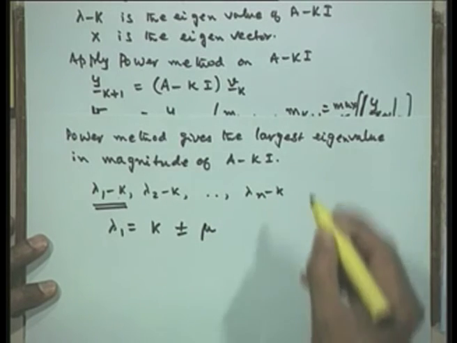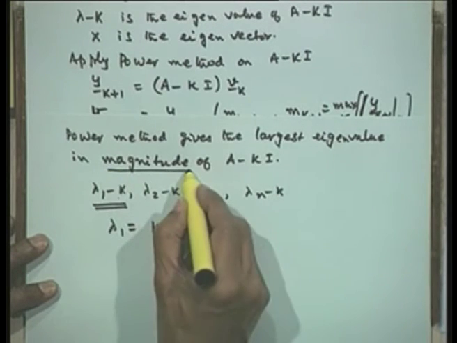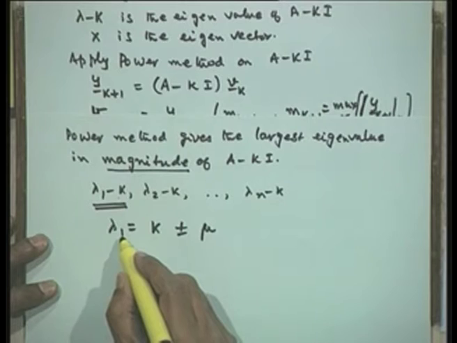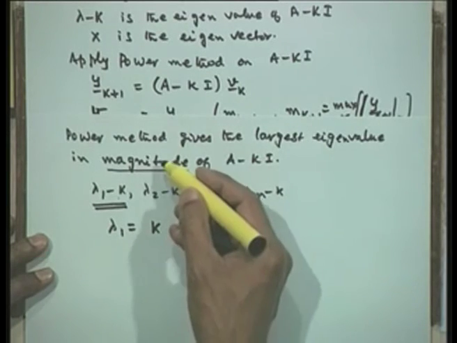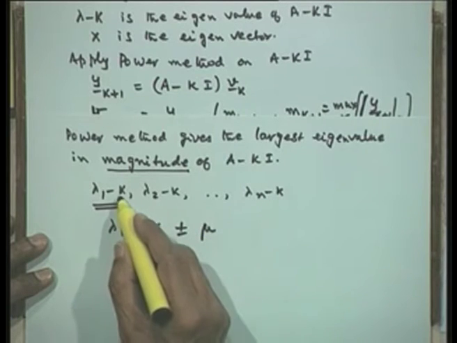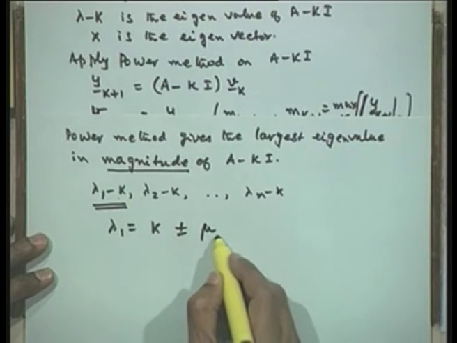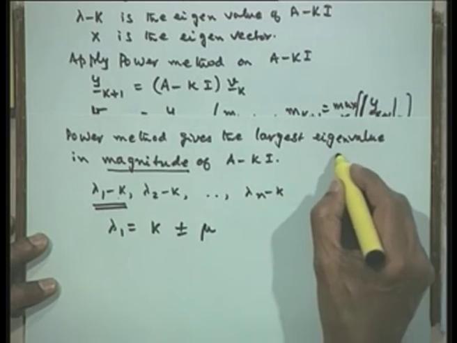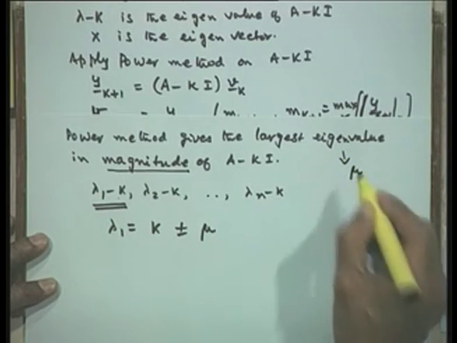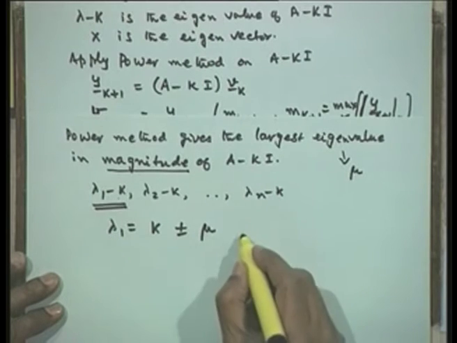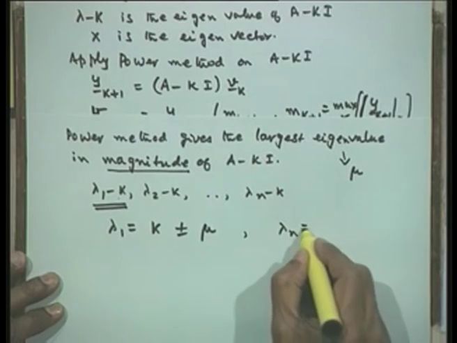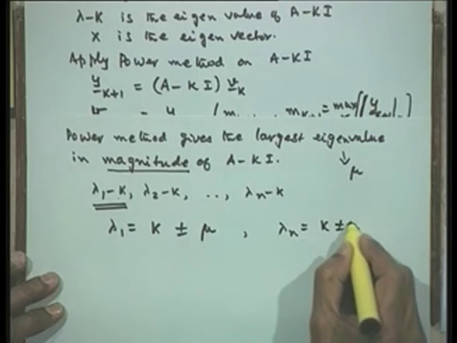Mind you, this is giving the magnitude. Therefore, the original eigenvalue would be either with a plus sign or with a negative sign. We do not know its sign.